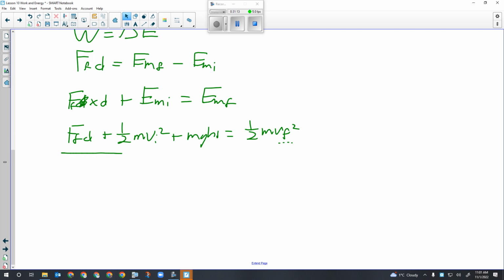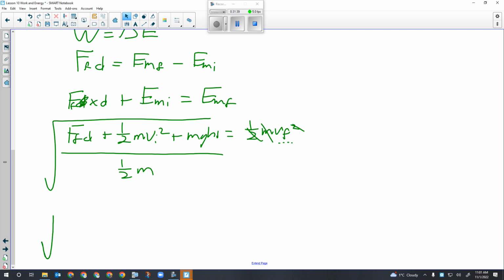So all I do is take the 1/2 and m and divide them over to the other side, and then I square root. So really, the algebra is exactly the same as the last question. What's different is that I have to recognize the force of friction is not helping, it's hindering, which means I need to make it negative. So when I plug in my numbers, what was it, 150?